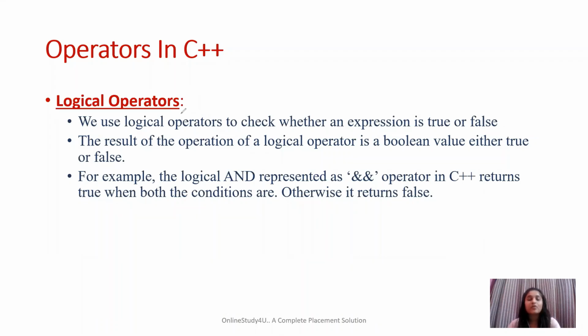The third category of operators is logical operators. Logical operators help us to check whether an expression is true or false. So the result of the logical operators is always a Boolean value, that is either true or false. If the expression evaluates to true, then the result will be true, and if the expression is false, then the answer will be false.